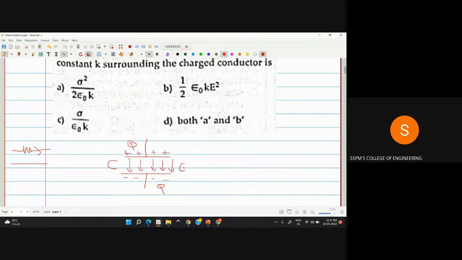And how to calculate the capacitance of the capacitor? The capacitance of a capacitor is equal to the dielectric constant multiplied by the area of the plate.